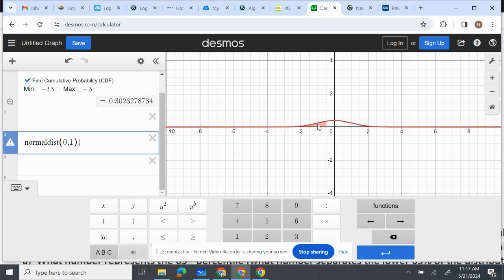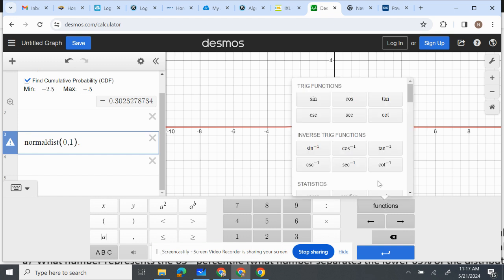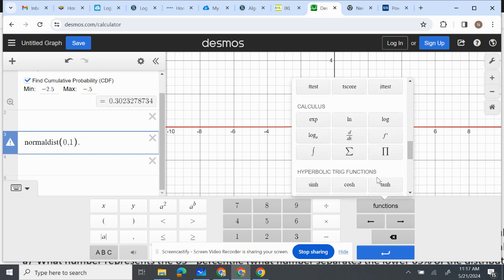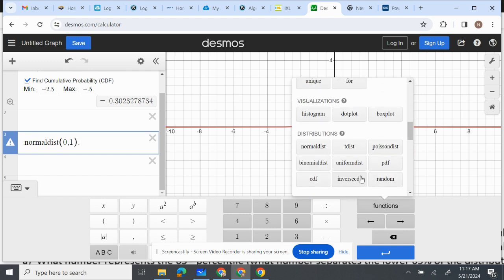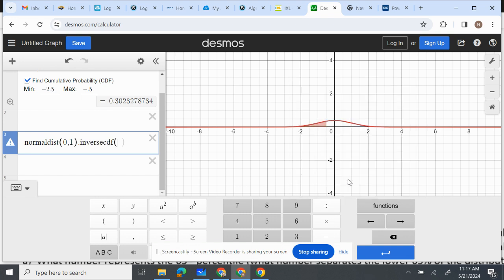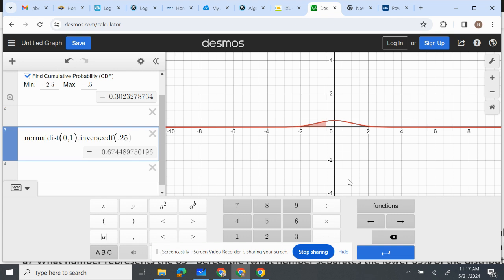And we're going to put a period, and then go back to functions, distributions, and do inverse. And we're going to put in 0.25. And that gives us a z of negative 0.674.